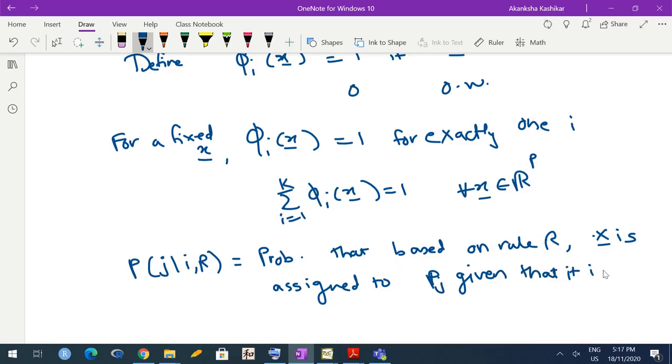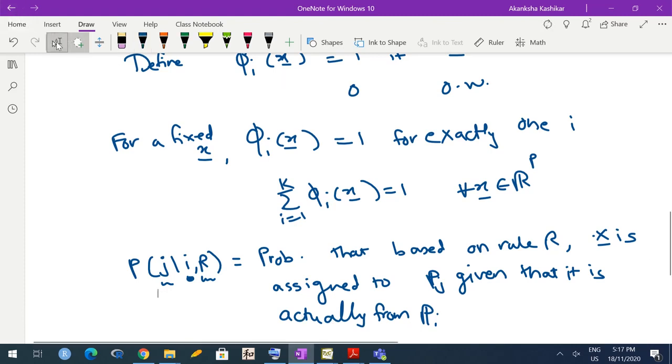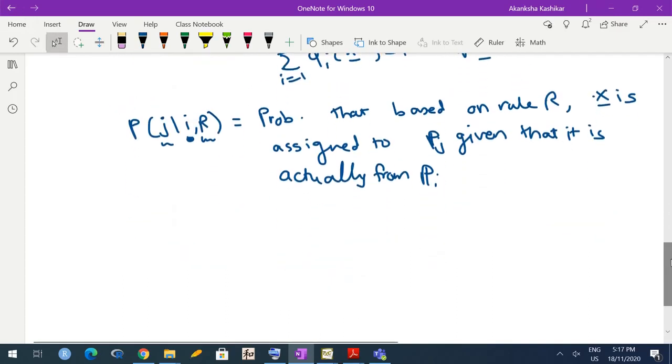Let me repeat: based on the rule R, we are assigning an observation actually coming from population i to population j. So if i and j are not equal, then this is in some sense a misclassification probability.